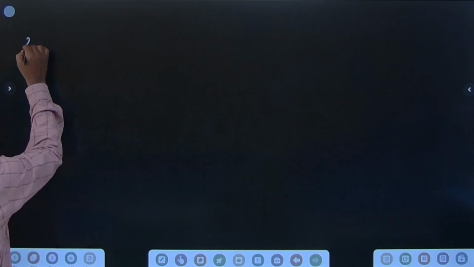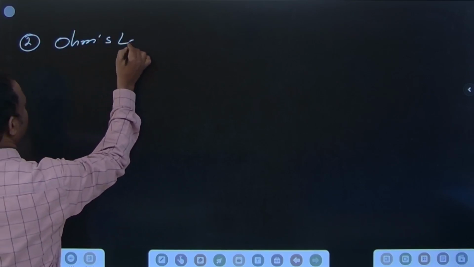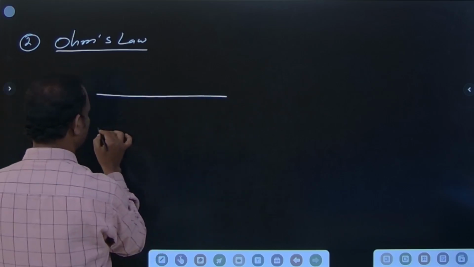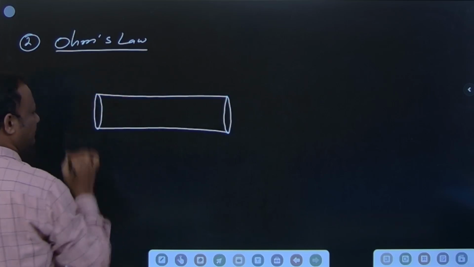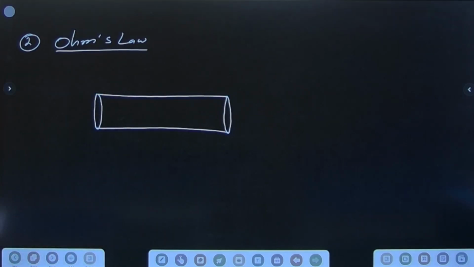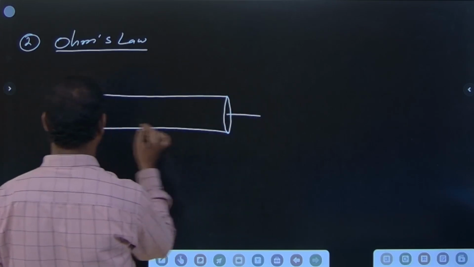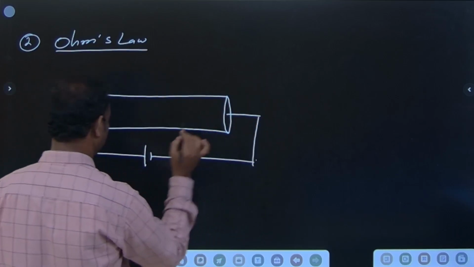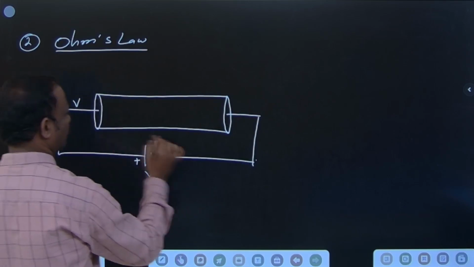Next, the second topic, Ohm's law. At a constant temperature, this is the conductor with its cross-sectional area. A potential difference is created by connecting it to the battery, positive and negative, with potential V and 0.